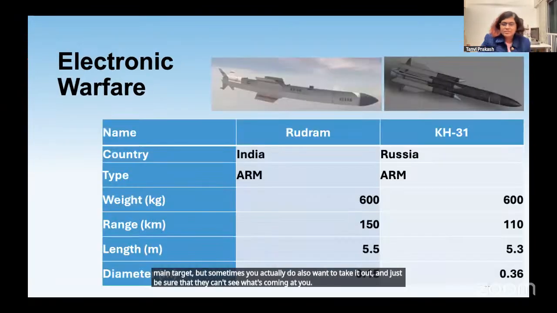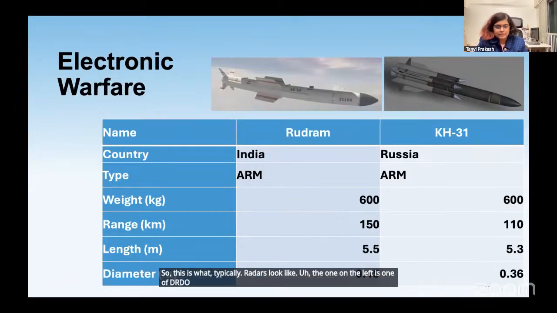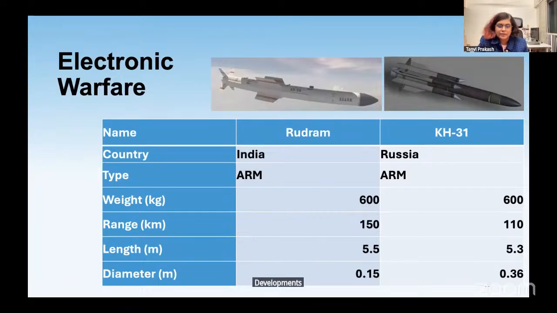So this is what radars typically look like. The one on the left is one of DRDO's recent NGARM developments, which has now been named the Rudram anti-radiation missile. And then you have the Russian one, which is the most popular right now in the Indian forces.